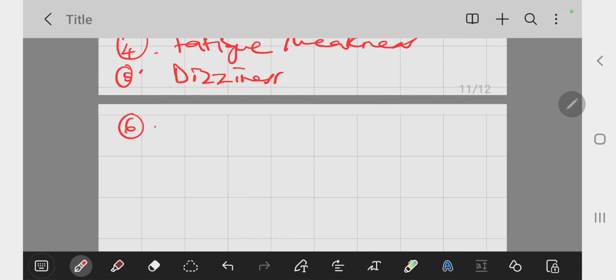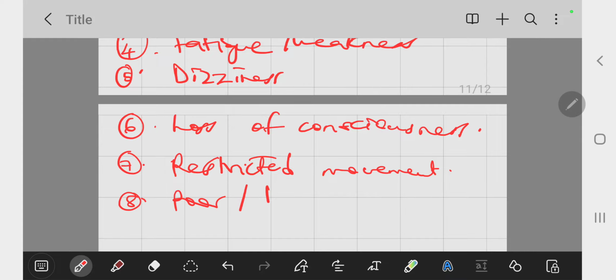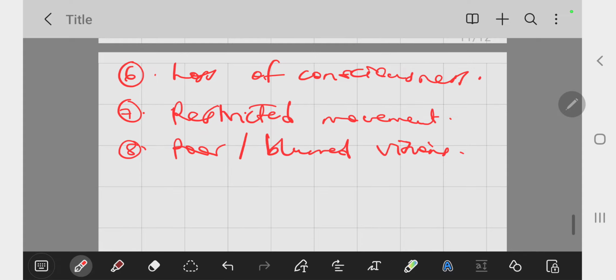And then number six, if you appear to have loss of consciousness, then automatically you have been exposed to a hazardous material. Then number seven, if you appear to have restricted movement. Then lastly, if you have someone and they appear to have poor or blurred vision, automatically they have been exposed to a hazardous material.